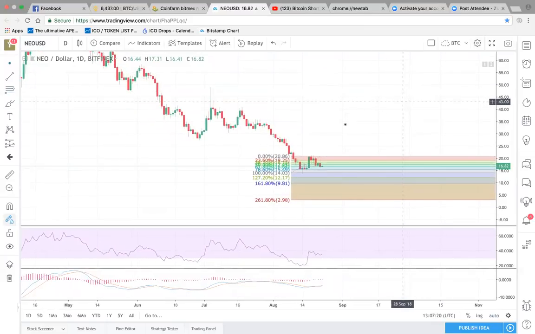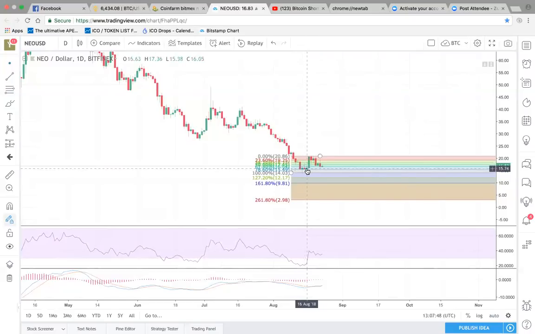On this last move from this point to this point, we can see over here we're staying just above the 78.6. On the previous run, we also stayed above the 78.6. So for me, being held above this level shows a pretty good support zone for NEO.